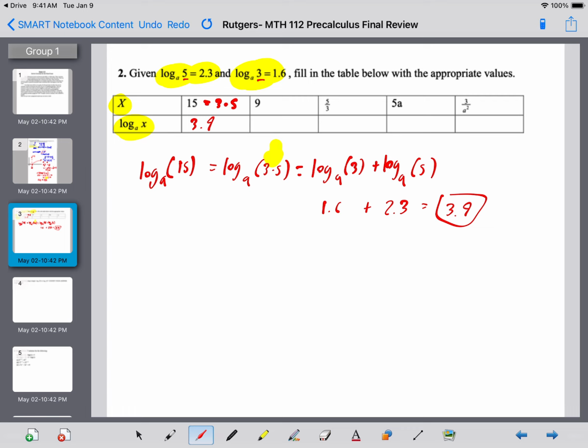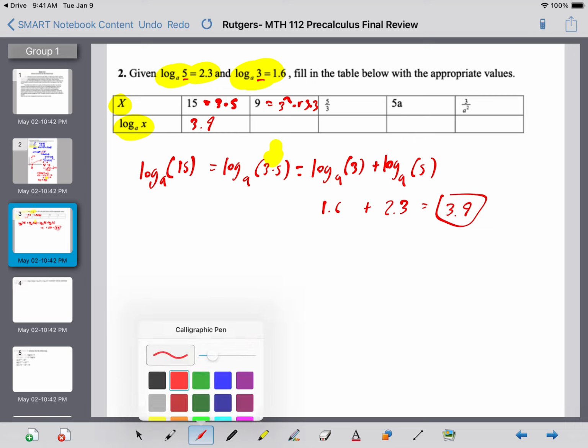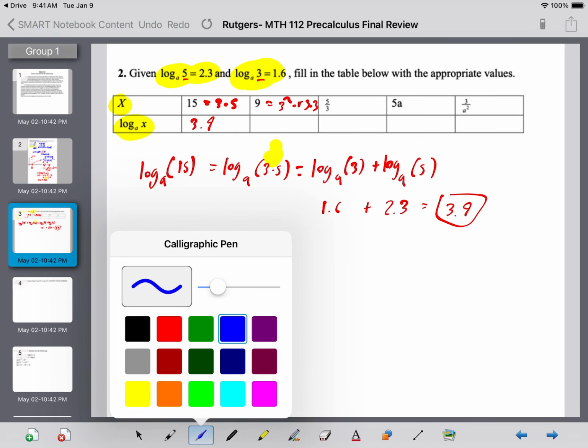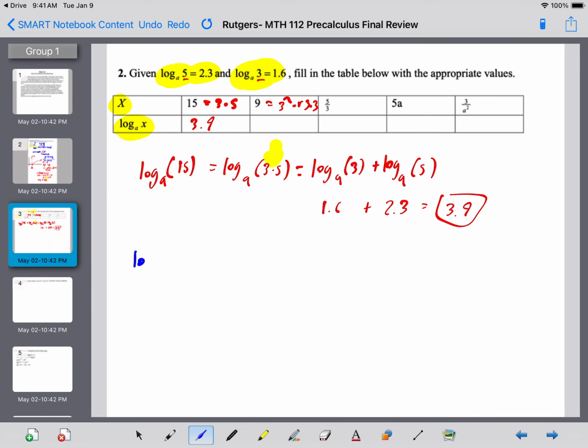Now for 9, you could do two things. You could either show it as 3 squared or 3 times 3. For the sake of showing a different law, I will do the 3 squared. So log base A of 9 equals log base A of 3 squared.